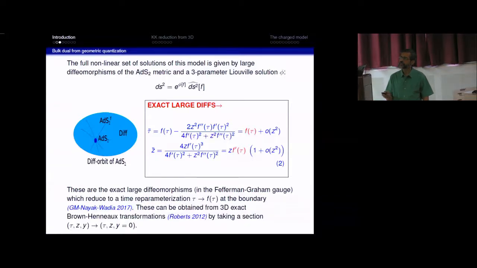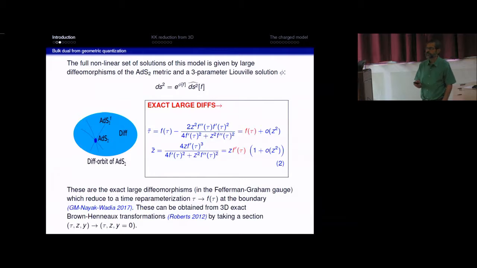So tau tilde is f of tau at the boundary, and z tilde is z times f prime of tau, which has information about the scale factor. This is the unique extension of this boundary reparameterization into the bulk in the Fefferman-Graham gauge, and you can find the metric by applying this exact large diffeomorphism and generate the full set of solutions.